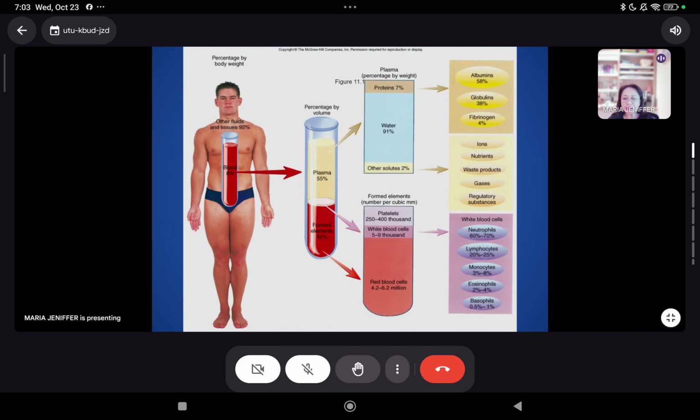The formed elements are the platelets, the white blood cells, and the red blood cells. The red blood cells are more numerous compared to the white blood cells, which are composed of 5 types: the neutrophils, lymphocytes, monocytes, eosinophils, and basophils.